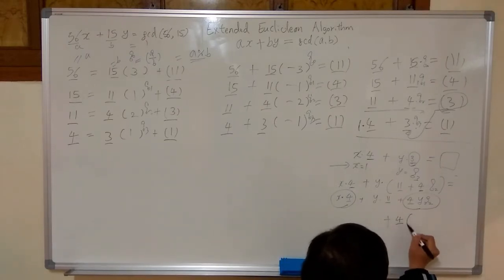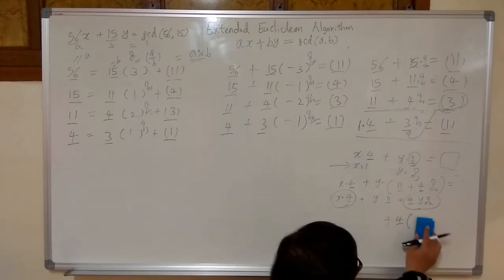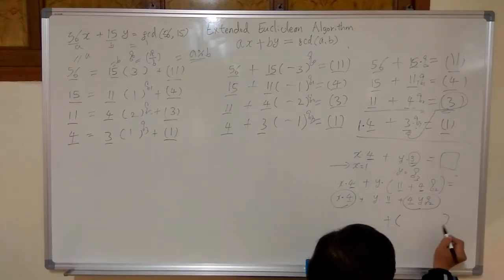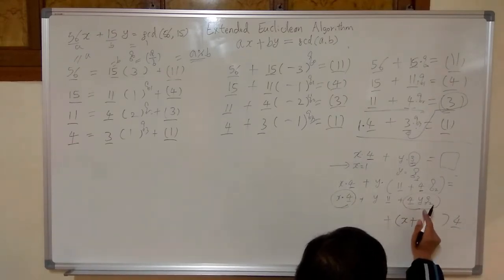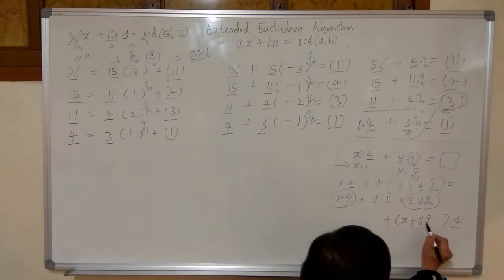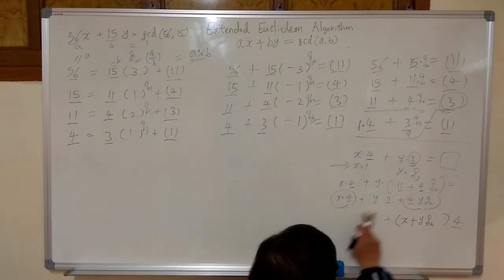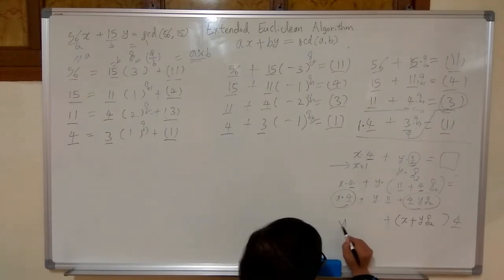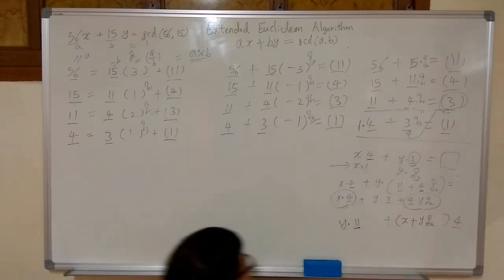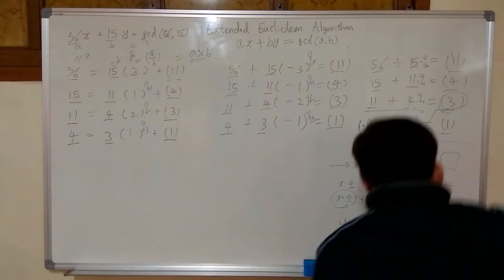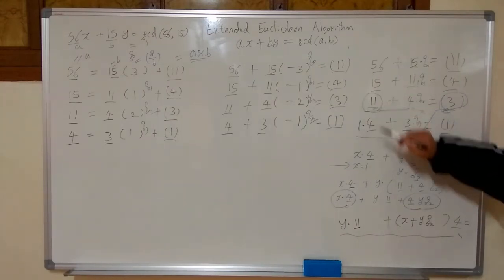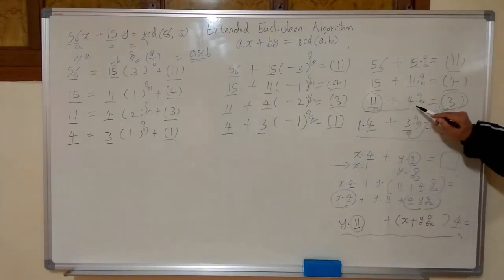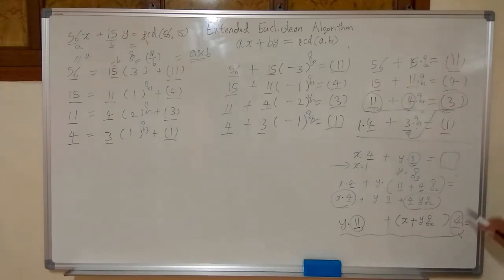Then it will be like this: 4 bar, X plus Y Q2. This is 4 bar. Then on the left hand side, Y 11 bar. Compare this one with this one, 11 bar, 4 bar. So this equation and this equation match.